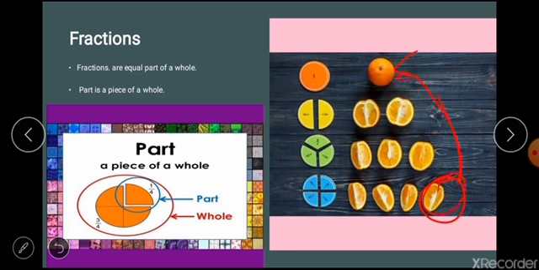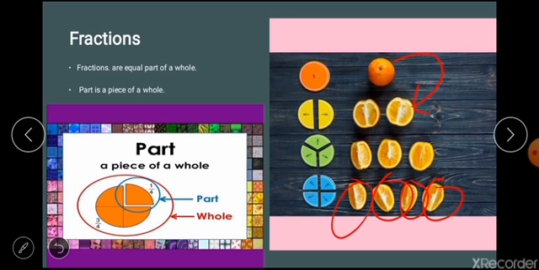So part means a piece of a whole. It is very clear that fractions are equal parts of a whole, and part is a piece of a whole. This is a piece, this is also a piece, this is also a piece.